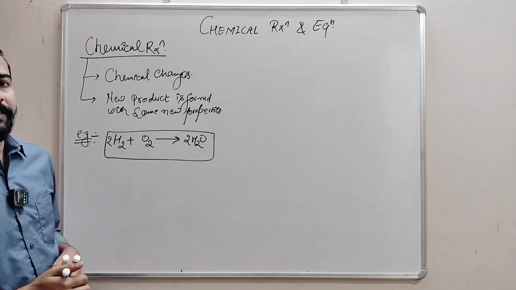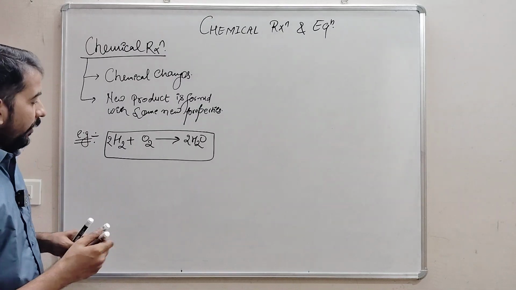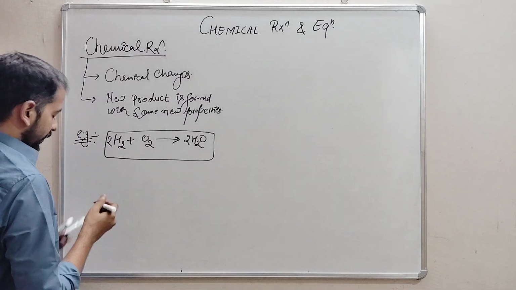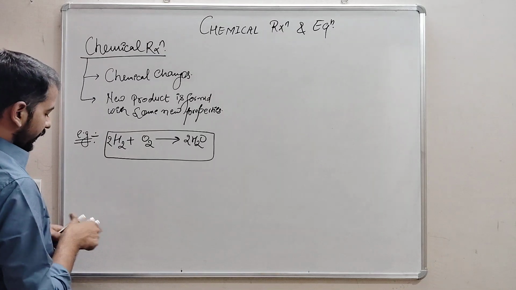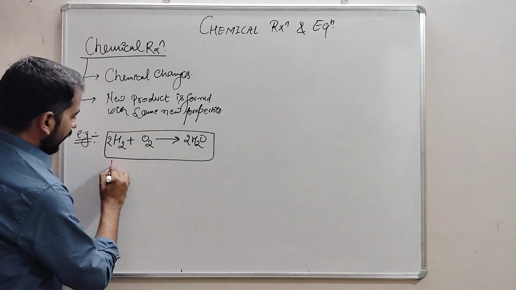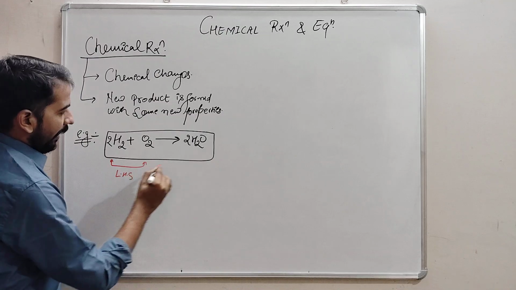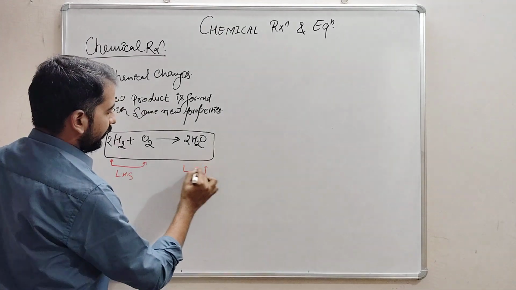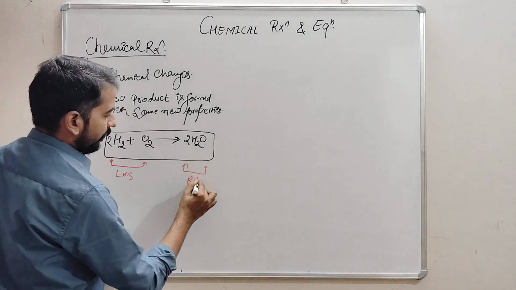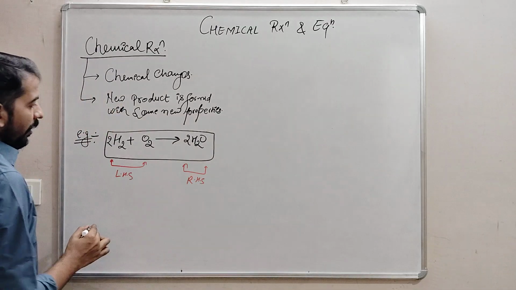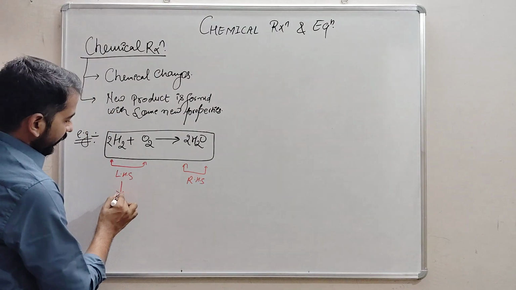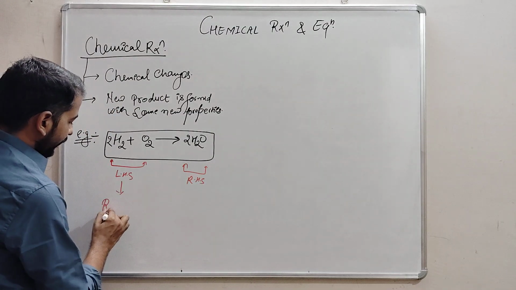Now in this reaction, if you will see left side things, this is left side and this is right side. Okay, so left side things is known as a reactant.